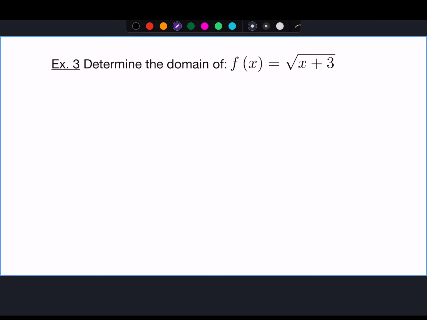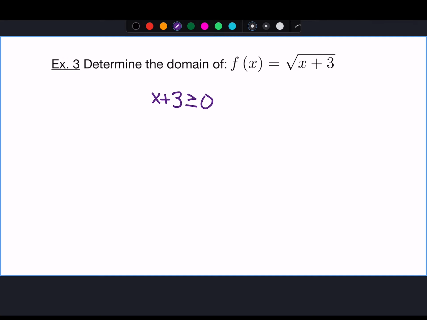So what do we set? x plus 3 is greater than or equal to 0. Whatever's inside there has to be greater than or equal to 0.